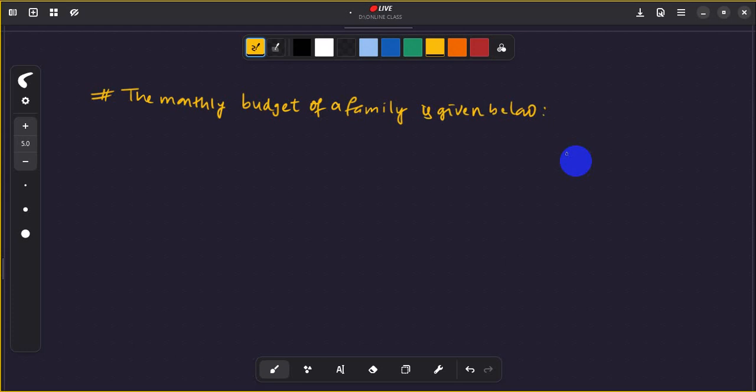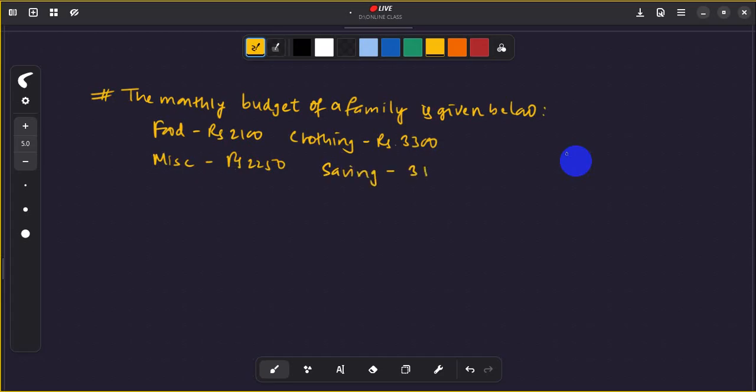The items are: food is rupees 2100. Similarly, clothing is rupees 3300. Miscellaneous is rupees 2250, and saving is rupees 3150. These are the four items that should be represented in a pie chart.